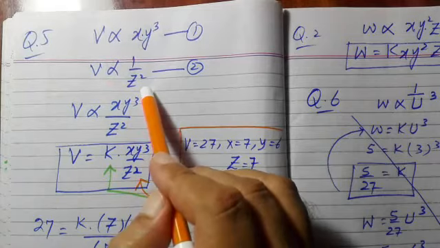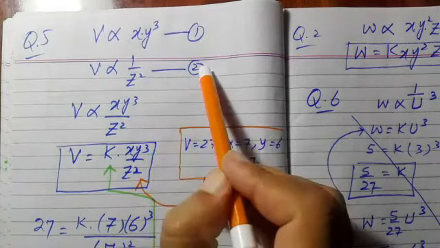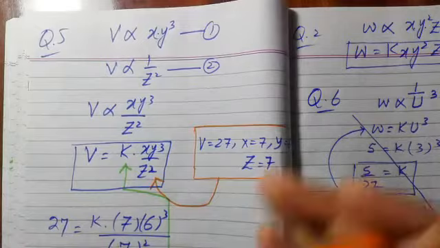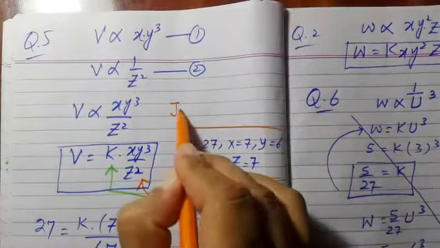So these are relation 1 and relation number 2. When you jointly write them together, the joint variation will become in this way. This is called the joint variation.